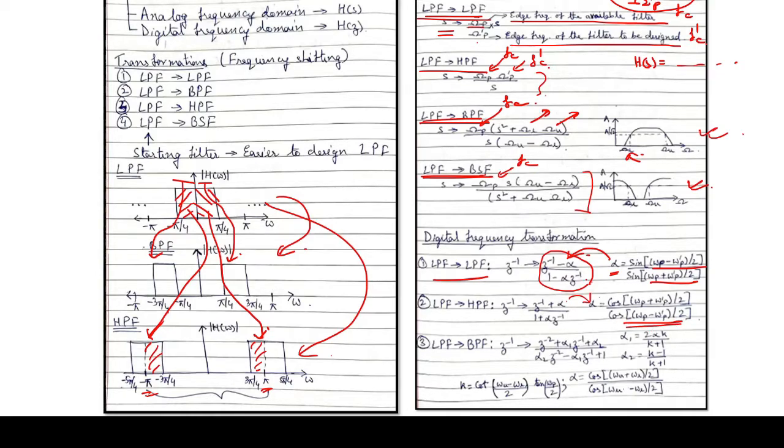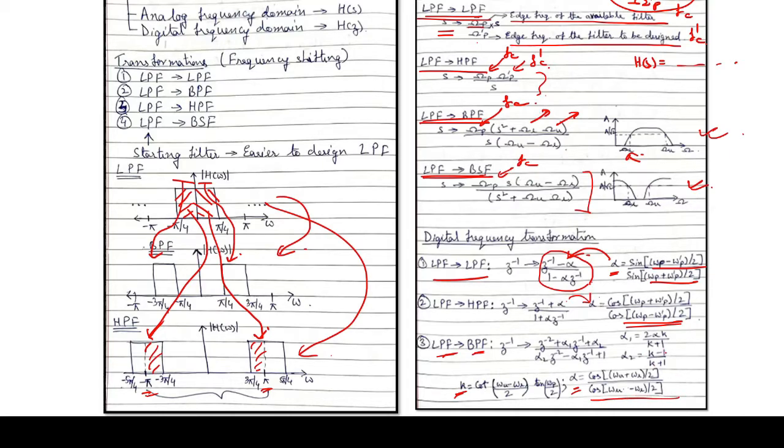In the next case, we have low pass filter to band pass filter. First we have to define certain things. Here k is given by cot of (omega u minus omega l) divided by 2 multiplied by tan of omega p by 2. And alpha is given by cos of (omega u plus omega l) divided by 2, divided by cos of (omega u minus omega l) divided by 2.